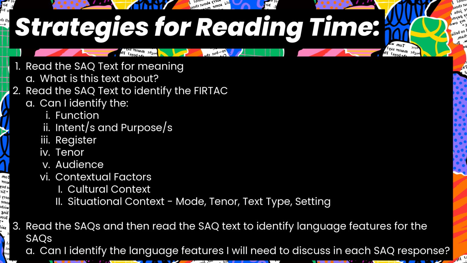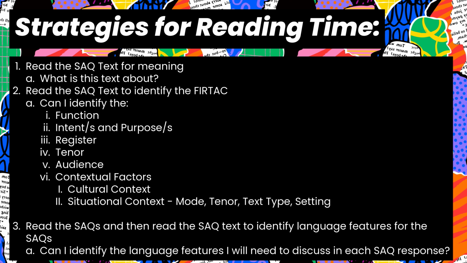Your first reading is for meaning. And so when you're reading the short answer text the first time, you're carefully considering what this text is actually about. When you're reading the short answer text the second time, you're aiming to identify the defining features of the set text, or the FERTAC.